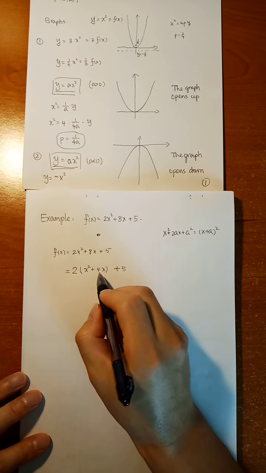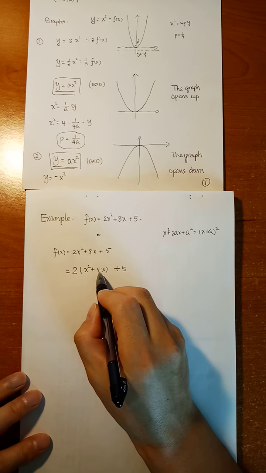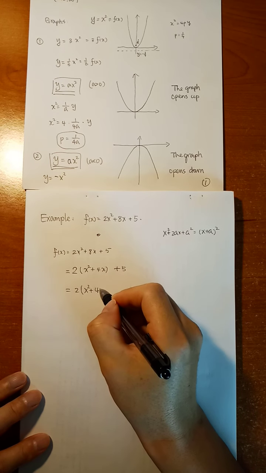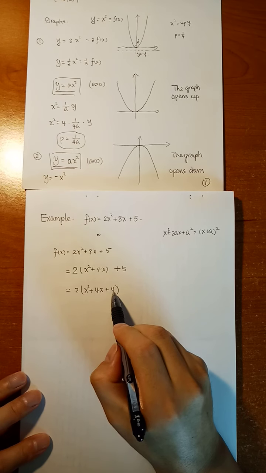So here x squared plus 2ax. So 4 divided by 2, you get a equal to 2. Okay, so a is equal to 2, a squared is 4. So you put 4 here.